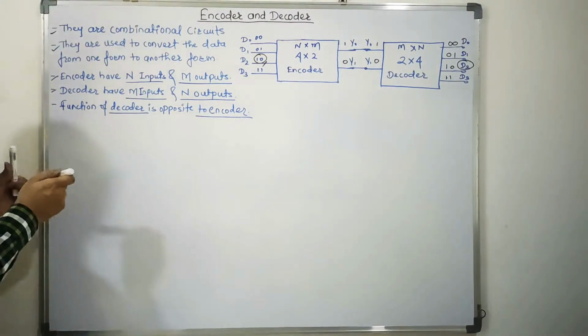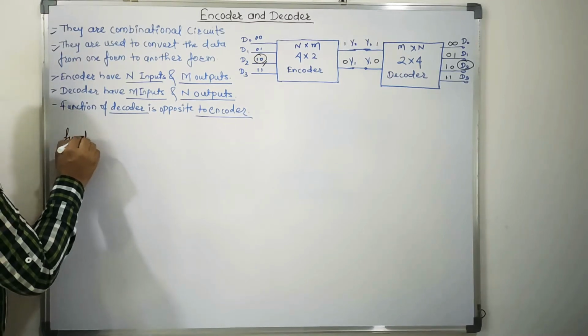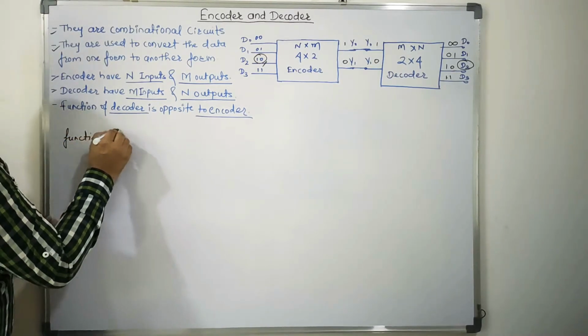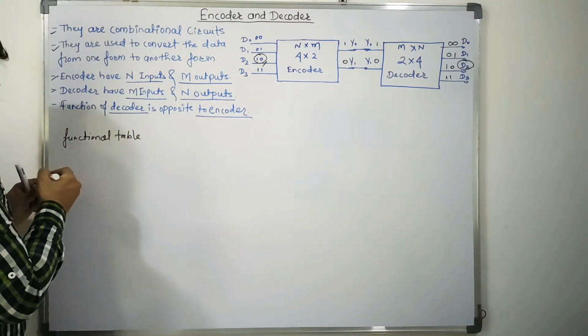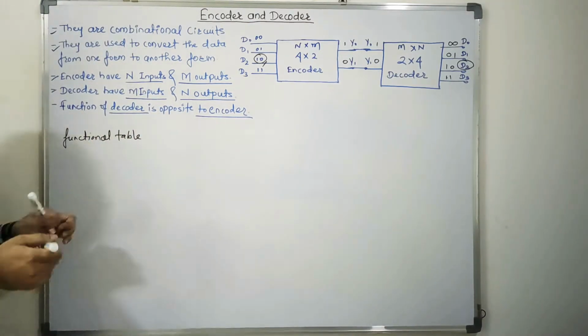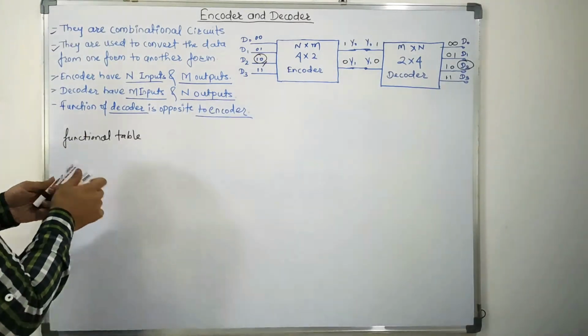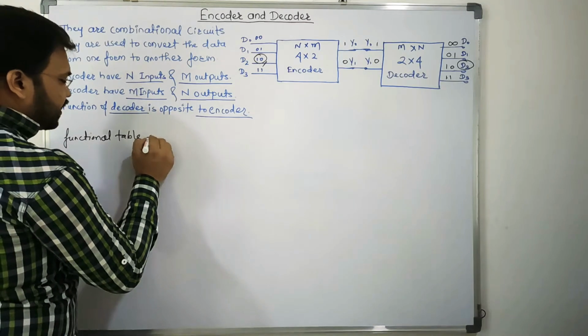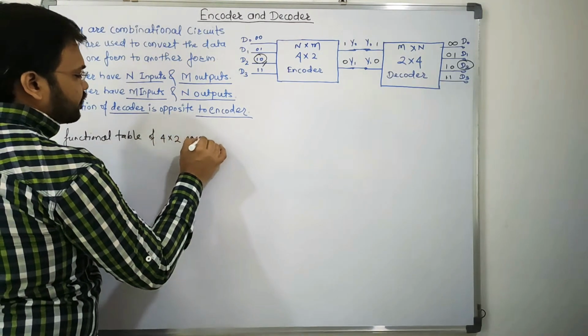Now the functional table. If you talk about the encoder only, here the functional table of the 4:2 encoder.